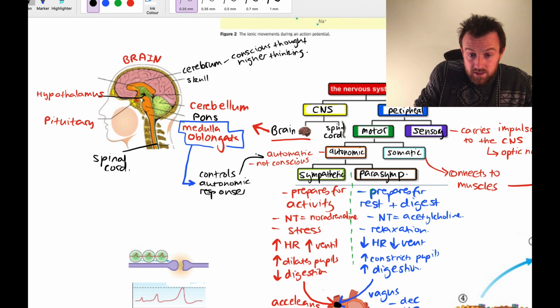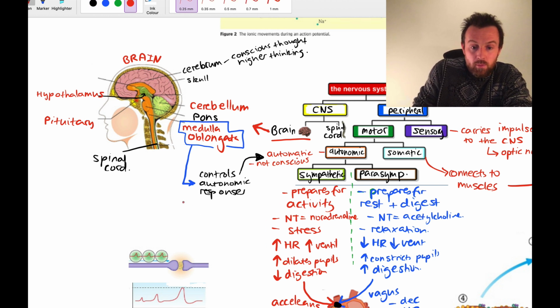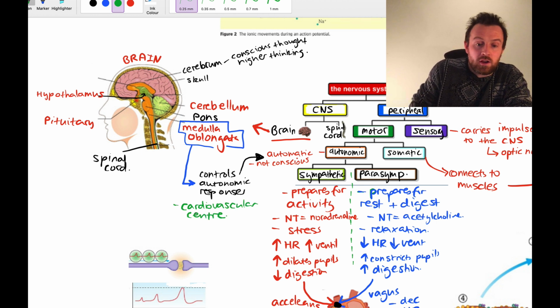Okay, so it links to this, which is not conscious. So, for example, the main one that you need to know about is the cardiovascular center. And the cardiovascular center, how am I going to do this here?